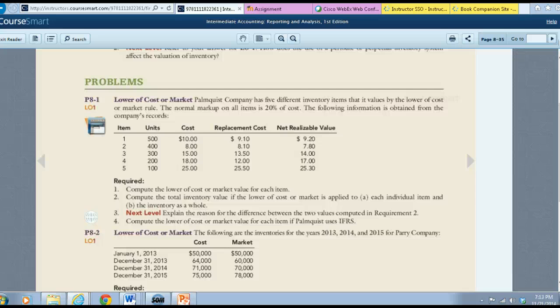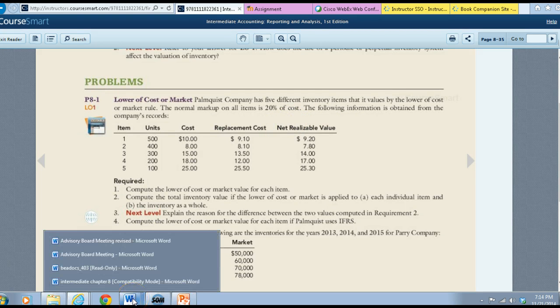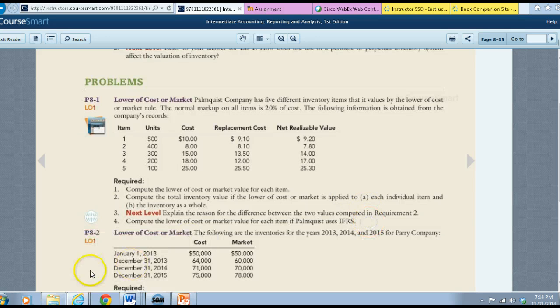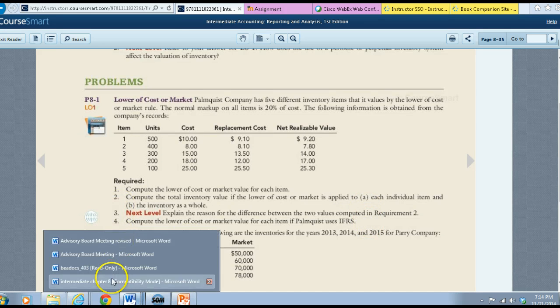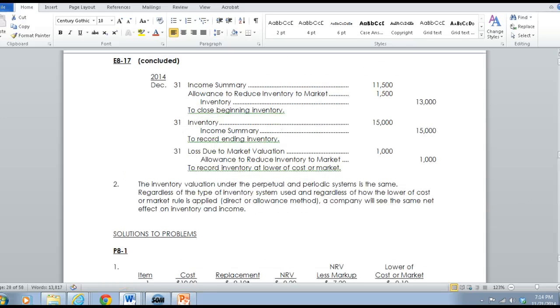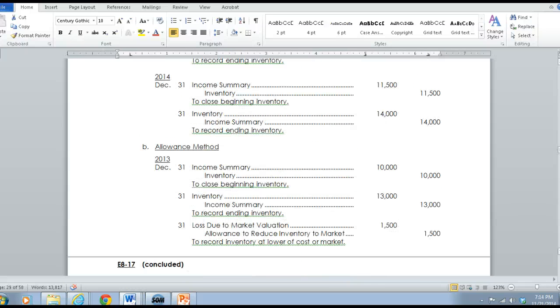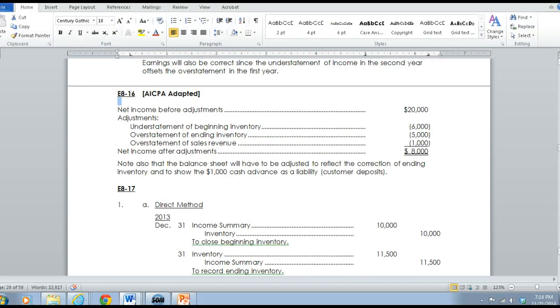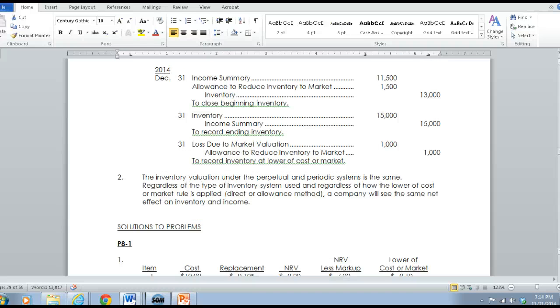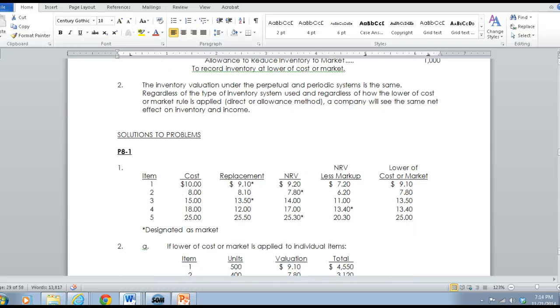What would we use for our market price? So we don't have the floor, do we? I think we're going to have to compute the floor on this because the normal markup is 20% on all items. So let's go and look here at problem 8.1. And as you see here, the first thing we'll do is show the cost.